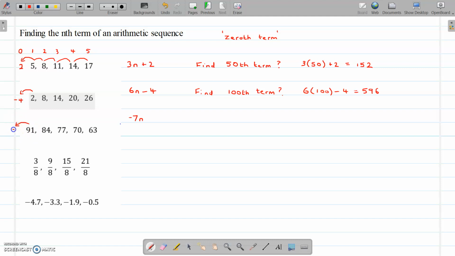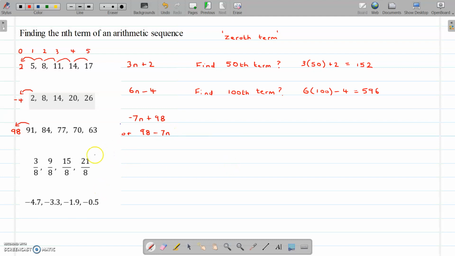This time it's bigger than 91, it's 98, because that's what would have happened immediately before the 91. So the nth term expression is -7n plus 98, or you could write that as 98 minus 7n.